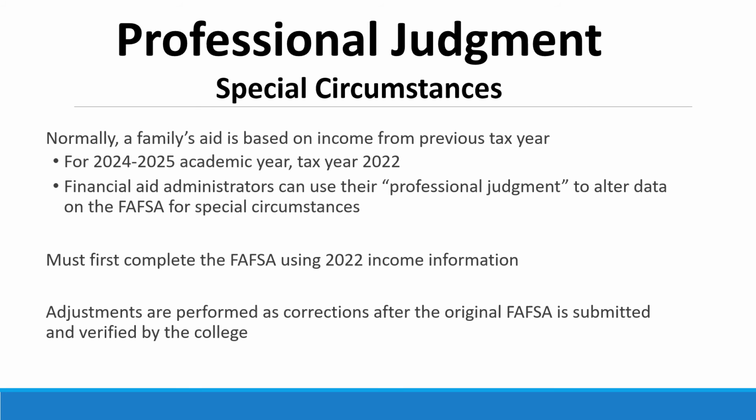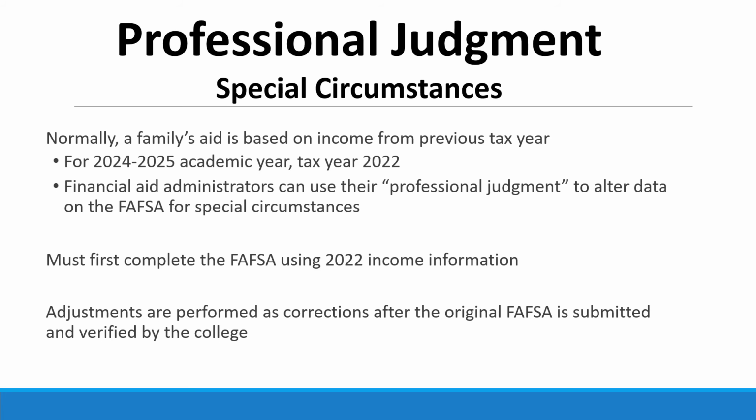Some things to note for professional judgment. Normally a family's aid is based on income from a previous tax year. So for the 24-25 FAFSA, we are using 2022 income. We also understand that 2022 income isn't always reflective of a family's current income.